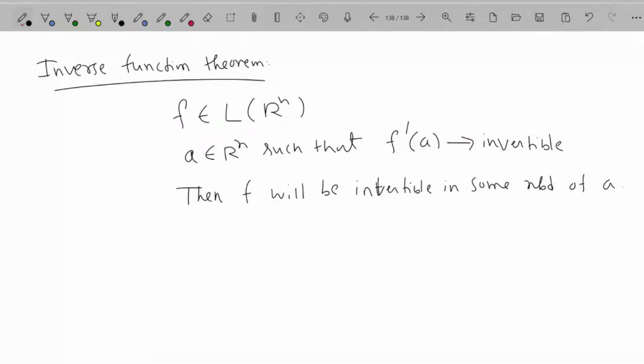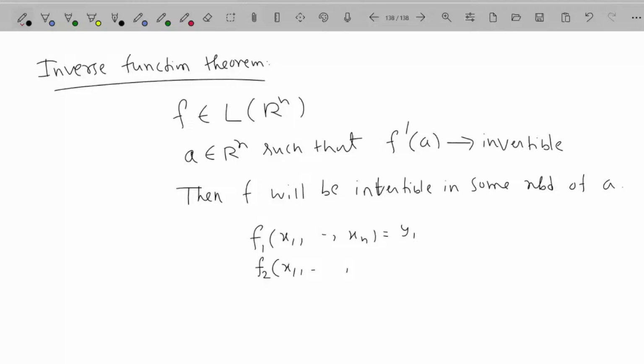Think about that: we have a system of linear equations, like f of x1, x2, xn equals y1. Let's say F is made of f1, f2, fn, these are component functions.